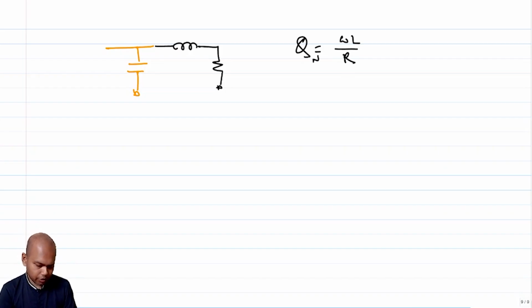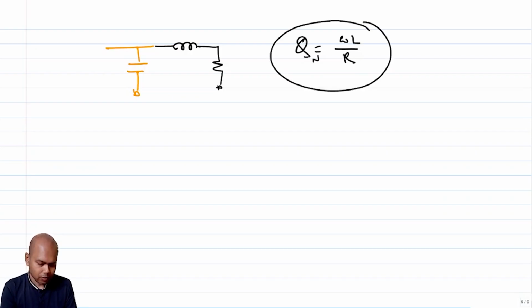So this is Q of the network. Now let's say I want this Q to be something. If I set the Q to be something and I have a certain value of L, which is determined by some constraint of the type of the value of the inductor that I can realize, then naturally if I want Qn to be of some value at a particular omega naught, I have to set the L to the corresponding value. Okay.